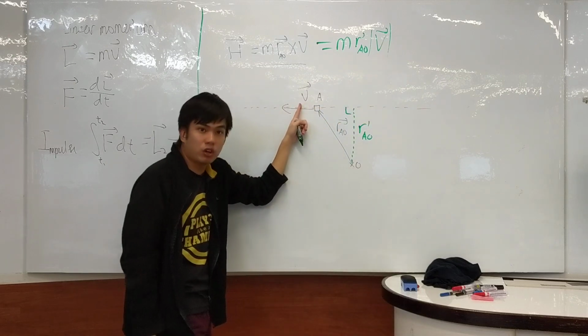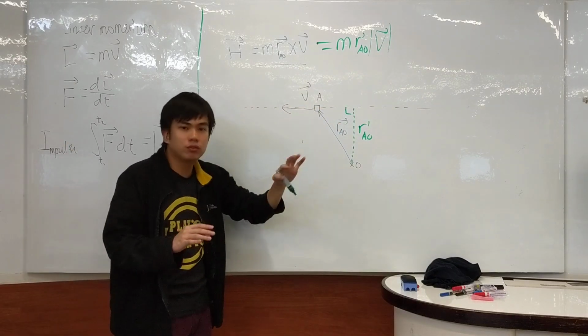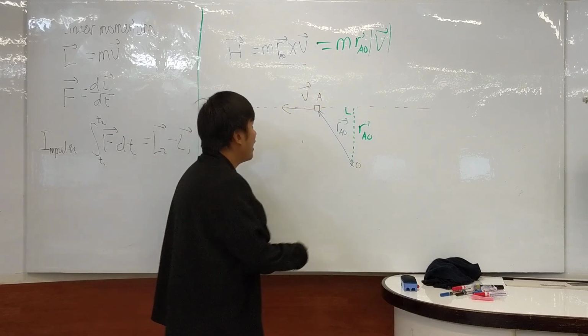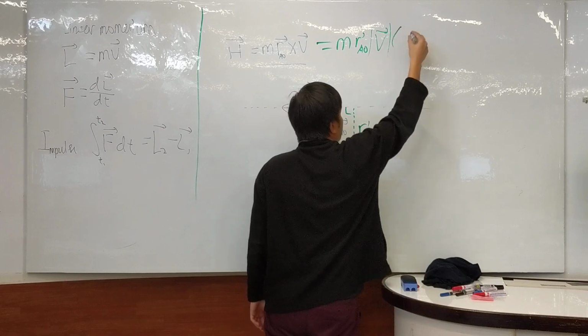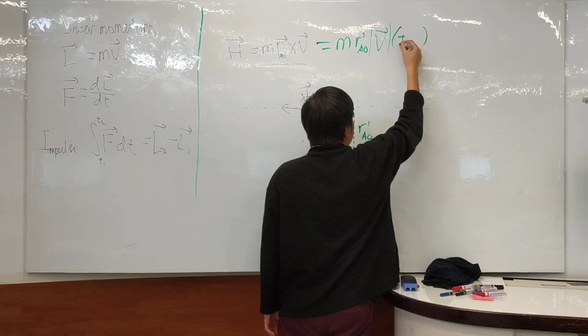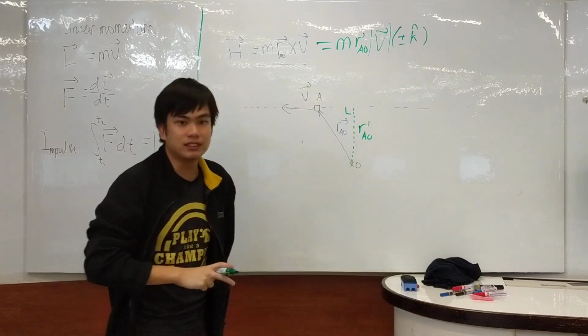In other words, you have the velocity, you find the absolute value, meaning if it's negative, you make it positive. And then at the end, in terms of the angle, it is always either plus or minus k, where k is a unit vector in the z direction.